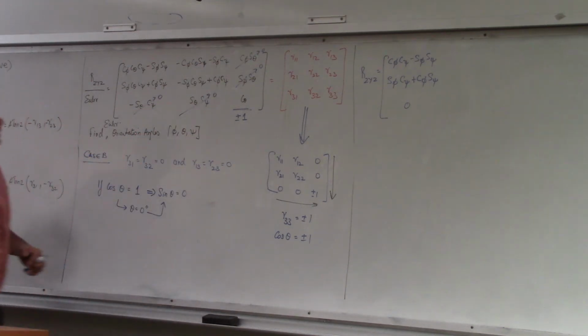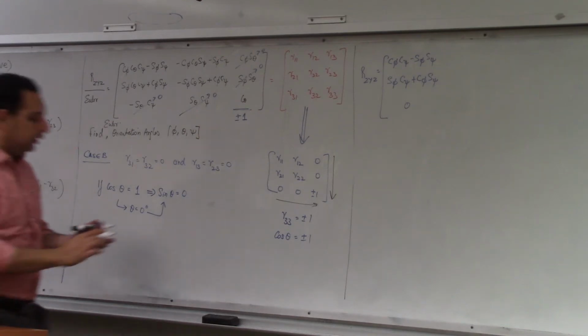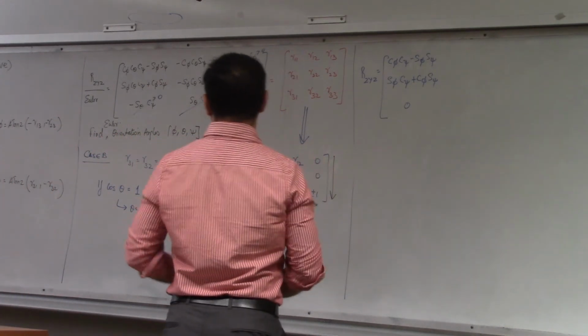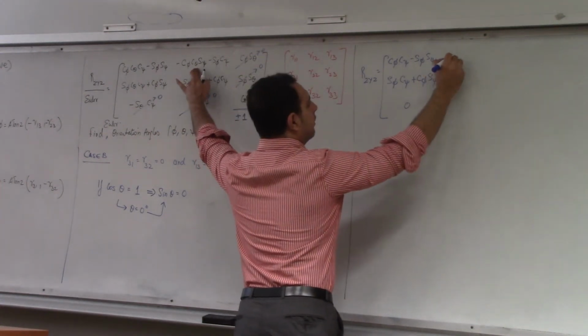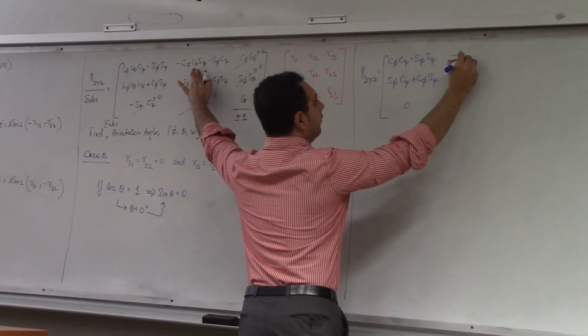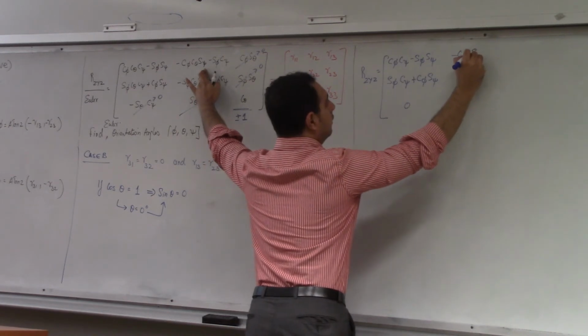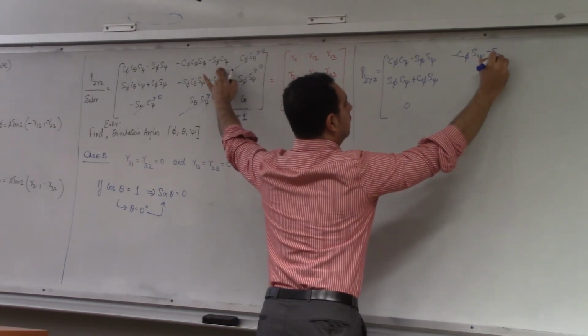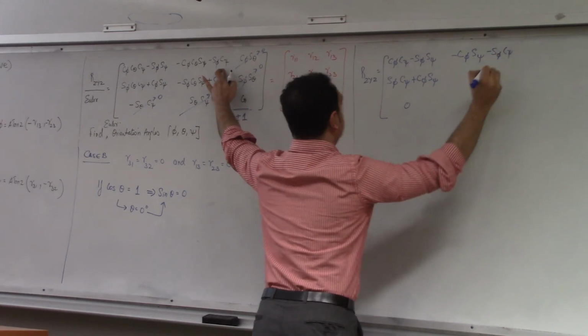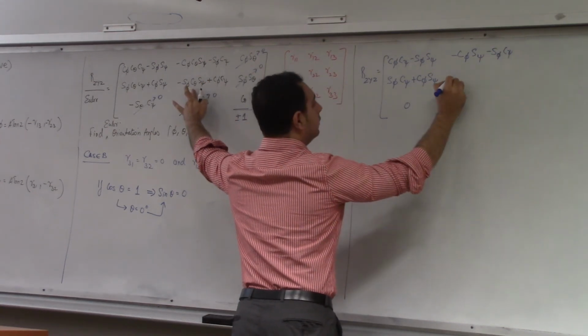Thankfully, we haven't used this term, so whatever we have done till now will not be affected. Okay, so this is 1, so I'm going to write this as cos phi here.